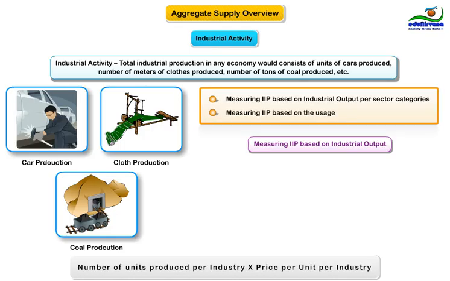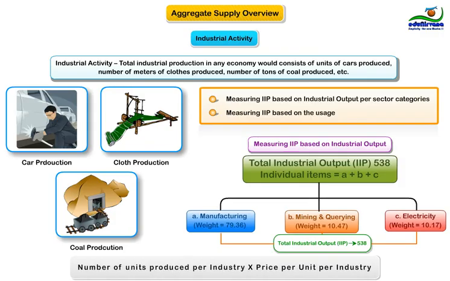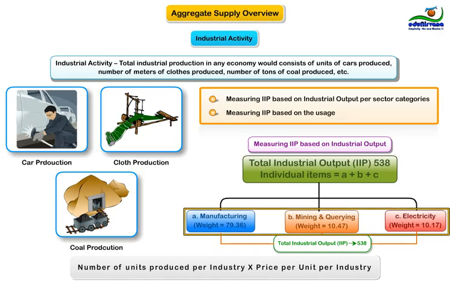To measure IIP based on industrial output per sector categories, the following classification is referred to with corresponding weightages. Total industrial output IIP is 538 items, which is 100%. Individual items are A plus B plus C, which is equal to 538.